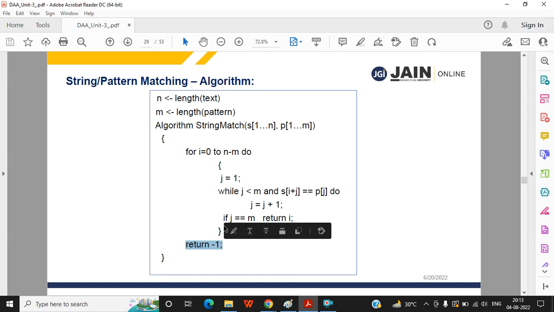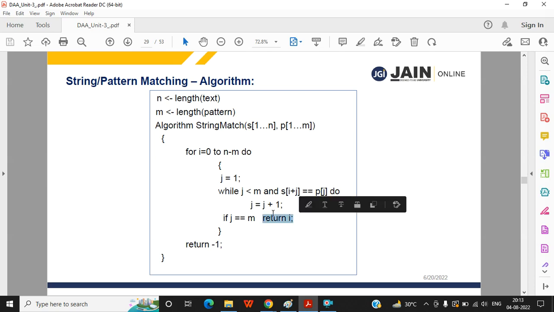So if a match is found, that is, if the pattern is found in the source string, then this return of the i position will take place. If there is no match, then this return -1 will take place. Now -1 cannot be a position in the array because we know that an array starts from 0.